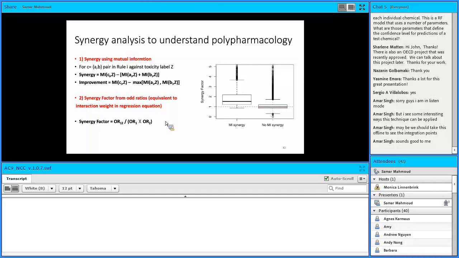The other method depends on the odds ratio, where the odds ratio of the rule is compared with the product of odds ratios for each individual feature. In both cases, where the mutual information of the rule is greater than the sum of mutual information of the individual features, or the odds ratio of the condition pair is greater than the product of odds ratios, the pair is considered synergistic, which means that the likelihood of observing toxicity is beyond the additive effect.